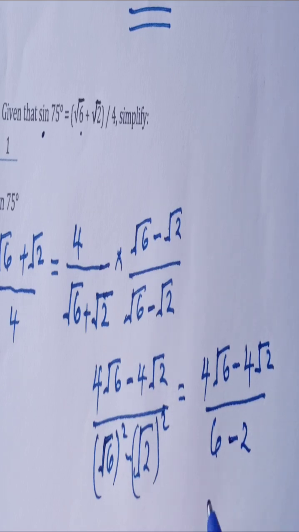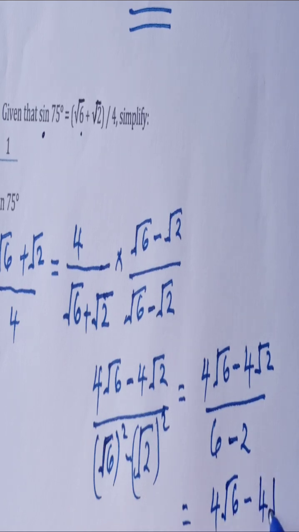So this gives us 4 root 6 minus 4 root 2, over 6 minus 2, which is 4.